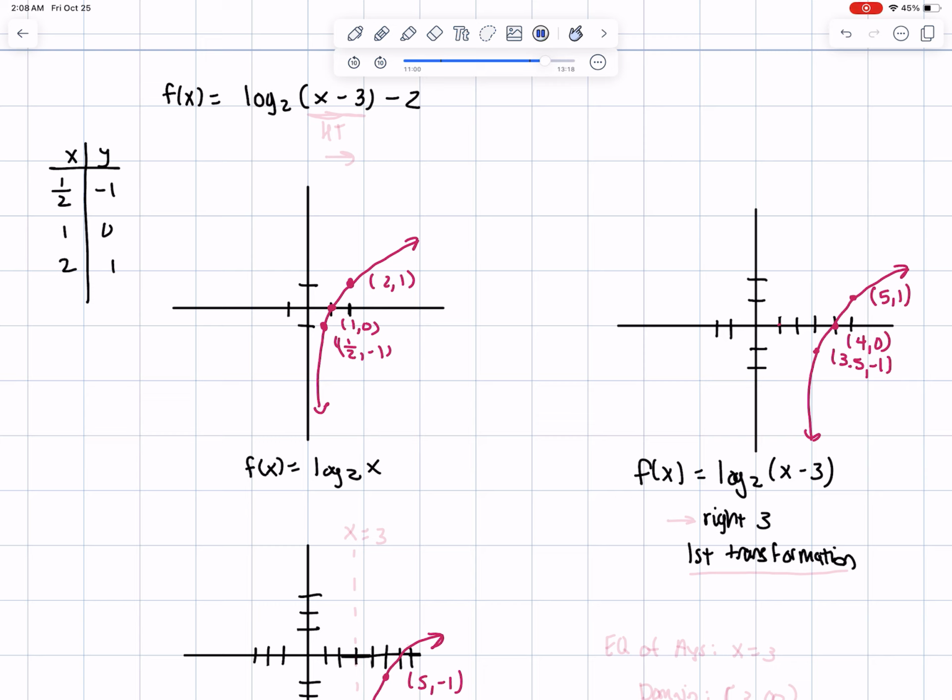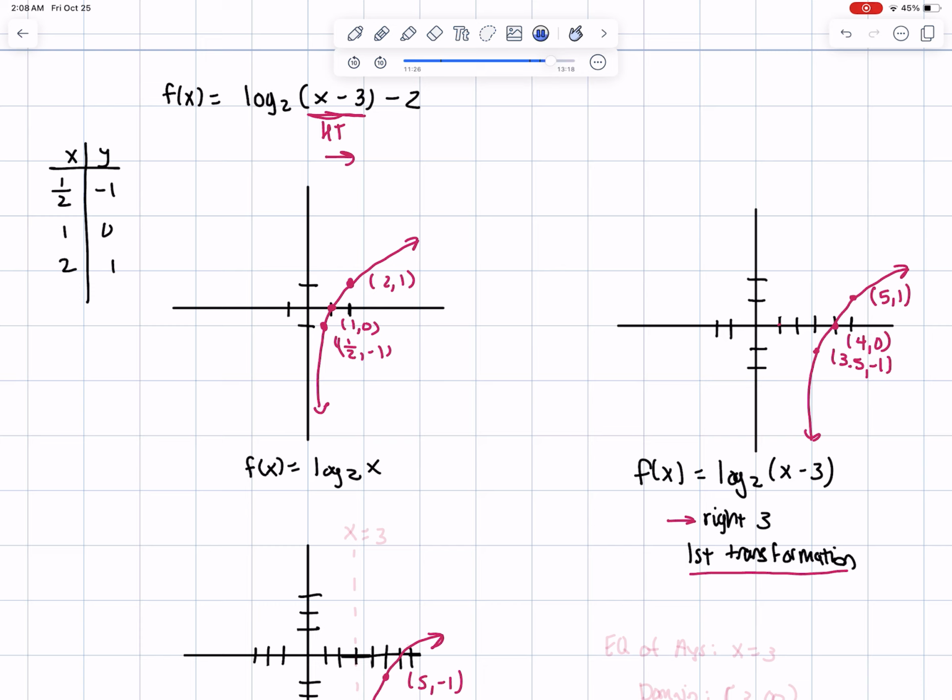And then the next step is to do our horizontal shift or horizontal transformation. So that's the X minus 3. And since it's minus 3, that means we're going to go to the right 3, so the opposite of the sign. So in the second graph, I did the first transformation here to the right 3 and wrote out my function. And you can see all my points have moved.